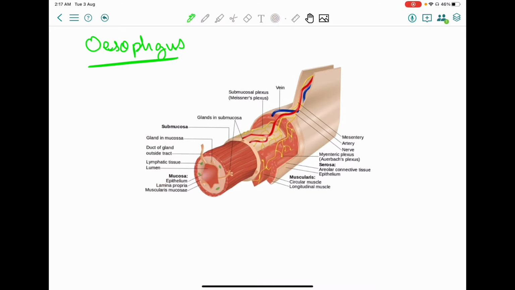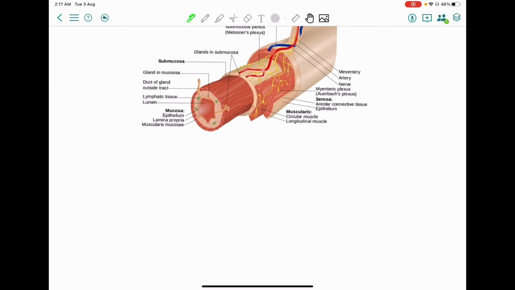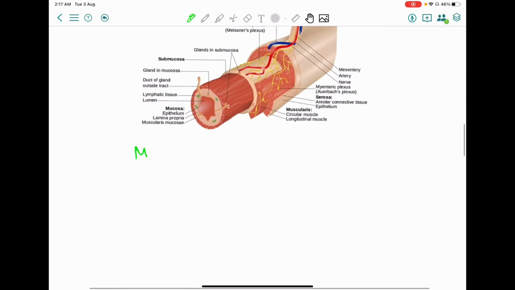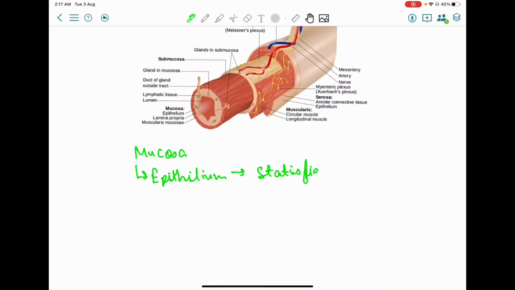Which type of epithelium is this in the esophagus? It is stratified squamous epithelium. Then there is some connective tissue and muscularis, as I told you.